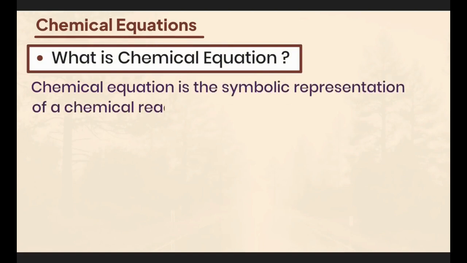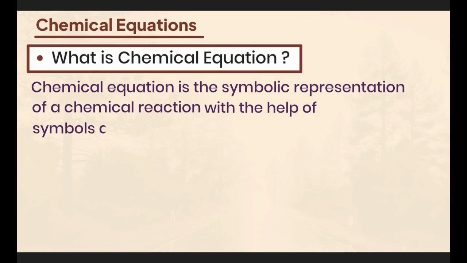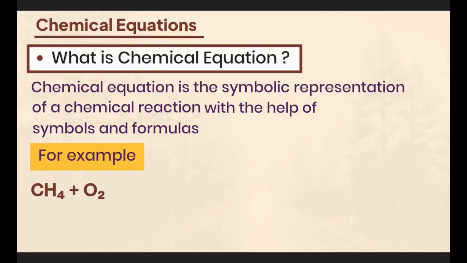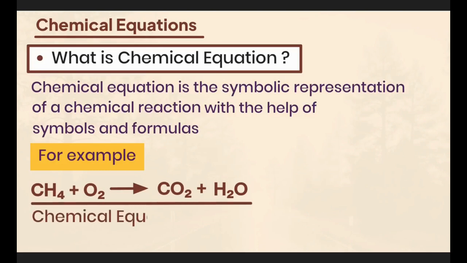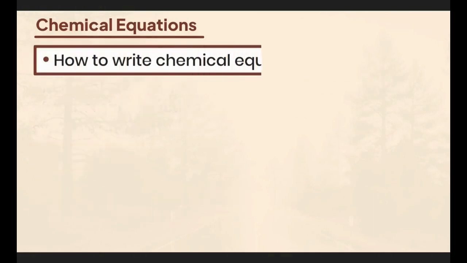What is an equation? A chemical equation is a symbolic representation of a chemical reaction with the help of symbols and formulas. It is similar, but in a chemical equation we use formulas and symbols. For example, methane plus oxygen gives carbon dioxide plus water: CH4 + O2 gives CO2 + H2O. The plus signs are the symbols and the formulas are CH4, O2, and so on.